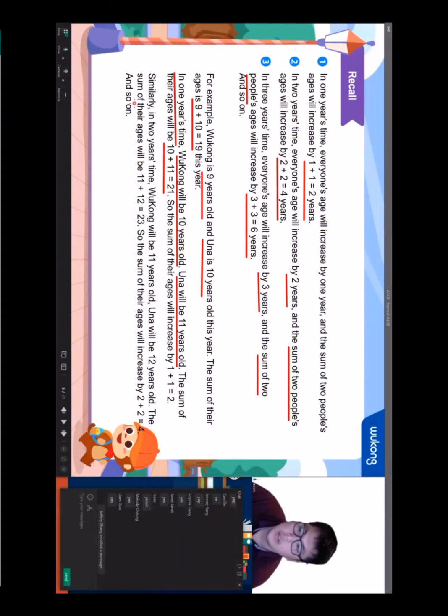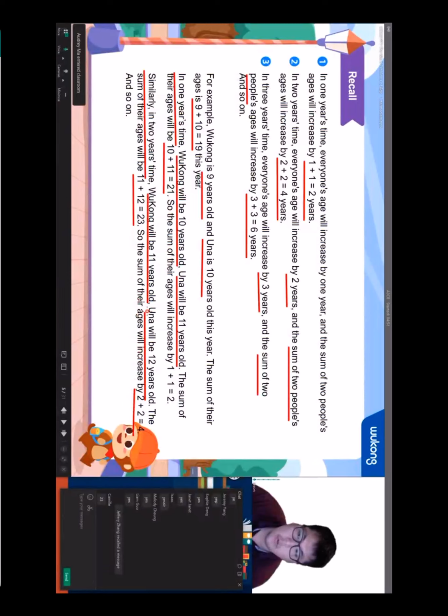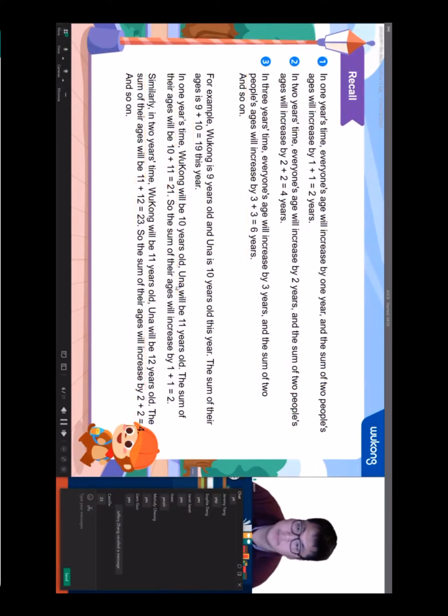So we need to add 2. Now, what about in 2 years' time? Wukong will be 11 years old. That means he's 2 years older. And same with Una, 2 years older. So their sum will be 23 because we need to add 4 years from 19. And the list goes on and on and on.